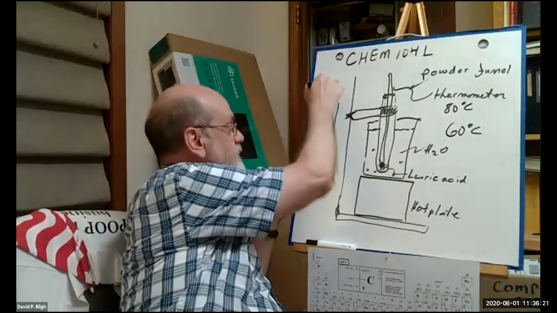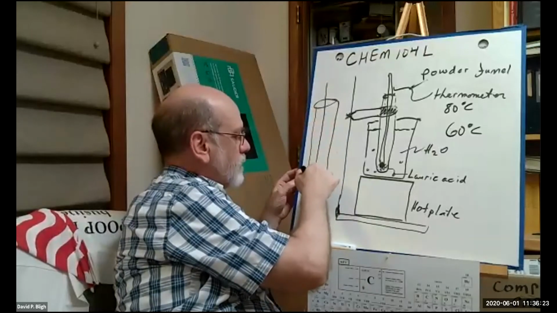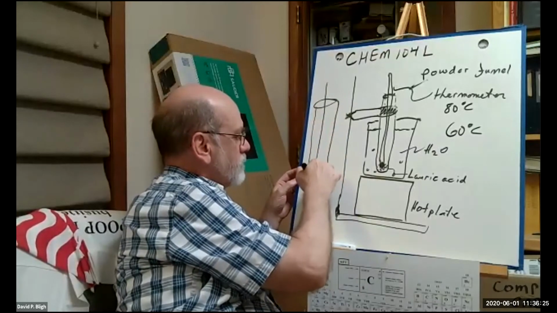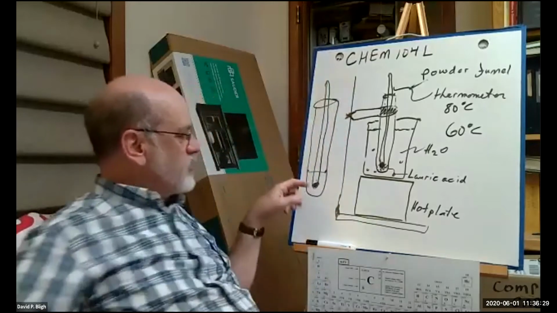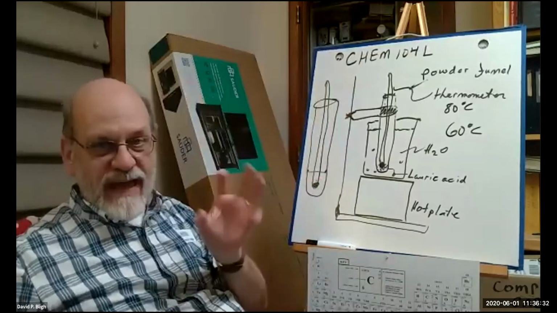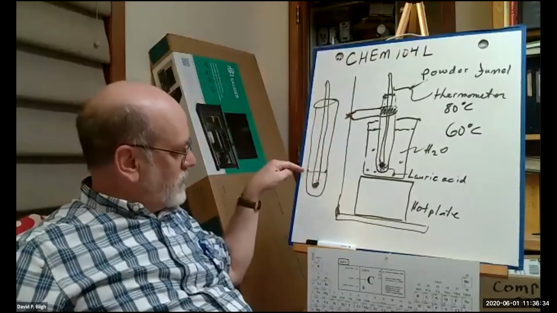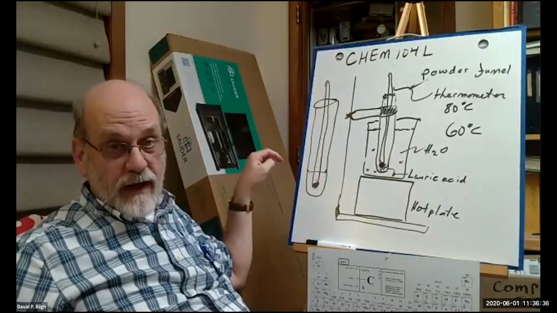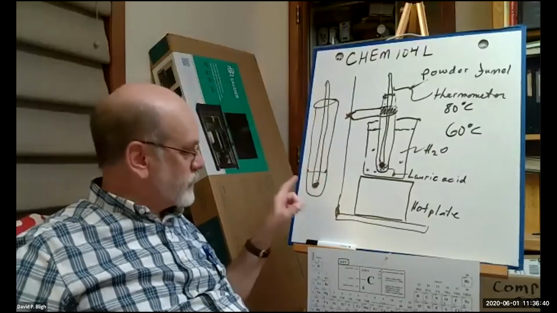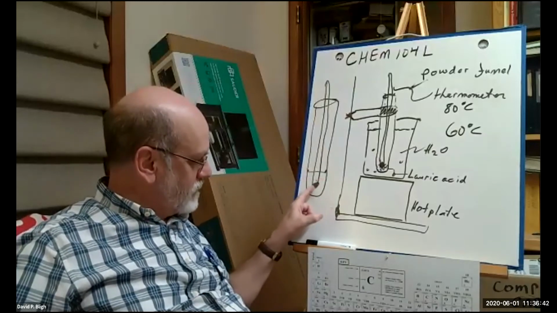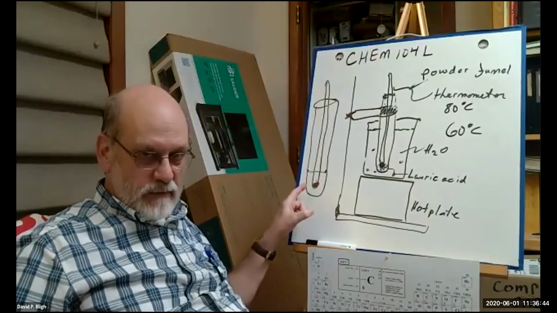Your thermometer is still here, and you're measuring the temperature of the mass. These crystals formed at a lower temperature that you have not measured. So you want to look for the crystals in here, in the body of the liquid.